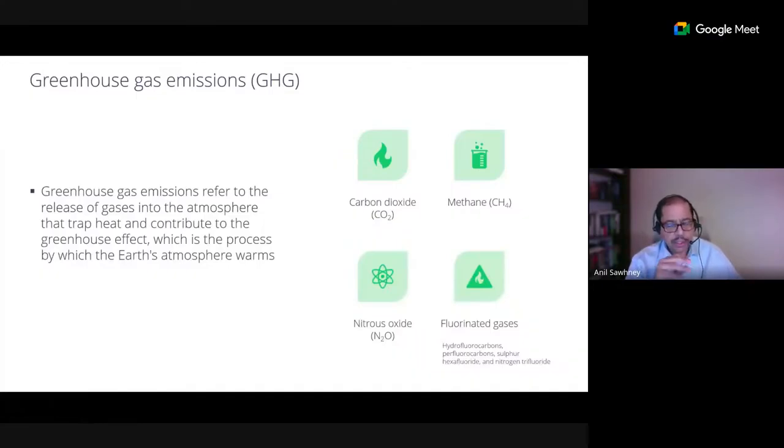Broadly, the GHGs, as per the Kyoto Protocol and the Paris Agreement, are carbon dioxide, CO2, methane, CH4, nitrous oxide, and a whole bunch of fluorinated gases, such as hydrofluorocarbons, and so on. So our LCA only focuses on these greenhouse gas emissions.